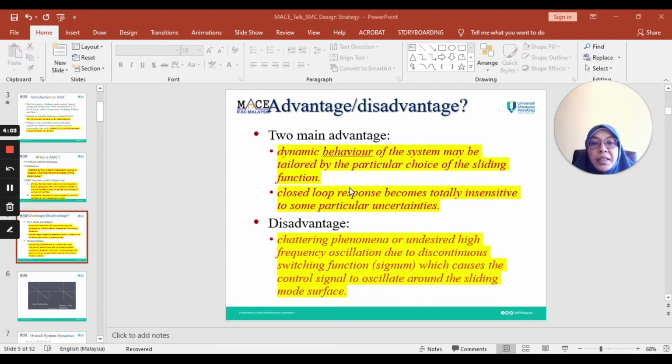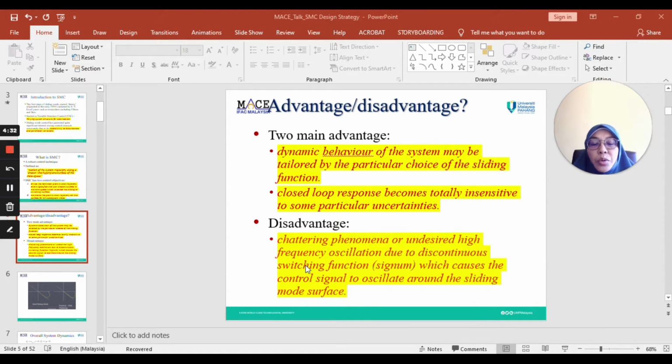What advantages are offered by this SMC? First, the dynamic behavior of the system may be tailored by the particular choice of sliding function. So we can choose our sliding surface to be tailored to our application, and also the closed loop response becomes totally insensitive to some particular uncertainties.